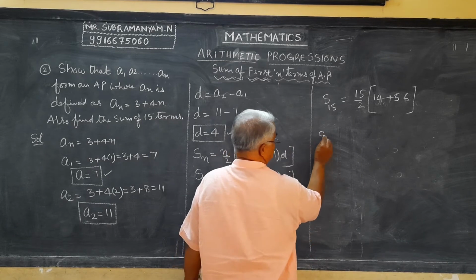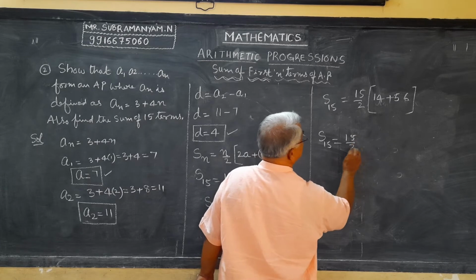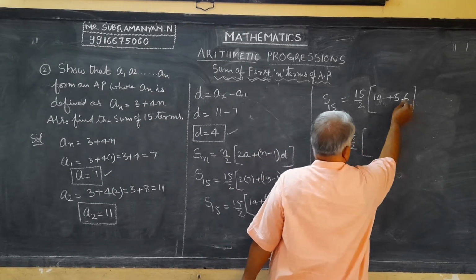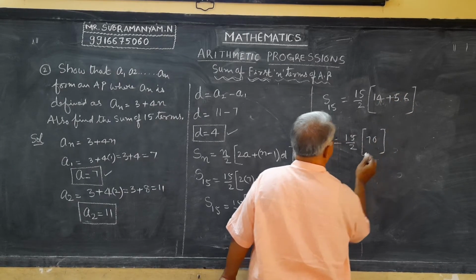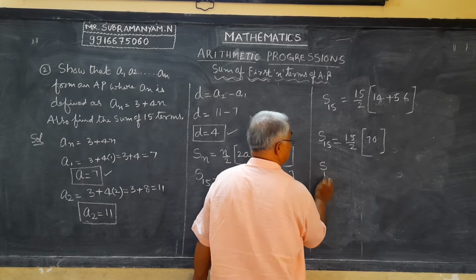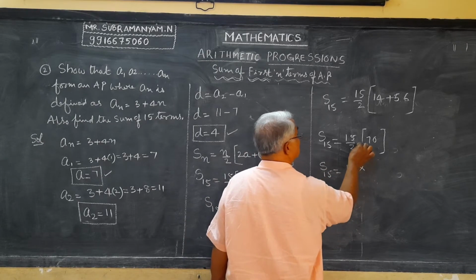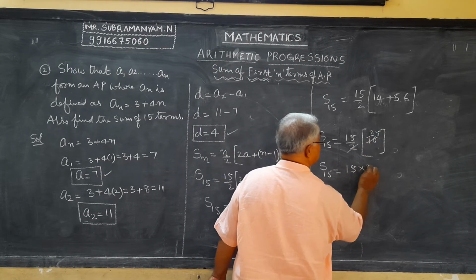Next, S15 equal to 15 by 2 into, add these two, 56, 60, 70. So, S15 equal to 15 into, we cancel 70 with 2, 35.